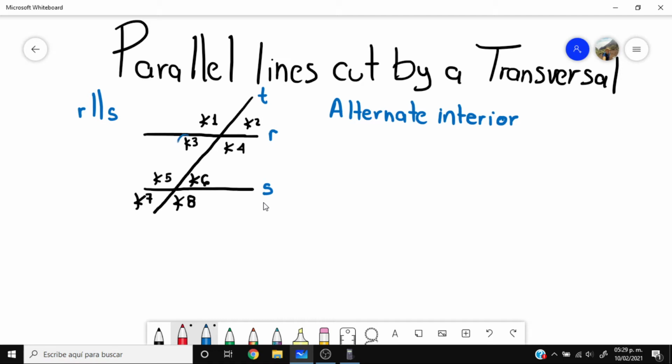So I'm going to have this and this. I repeat, these two are interior, so they are alternate because they are not on the same side. Okay, so angle 3 equals angle 6. Also, angle 4 equals angle 5. Okay, so that is the theorem of the alternate interior angles. They are going to be the same.